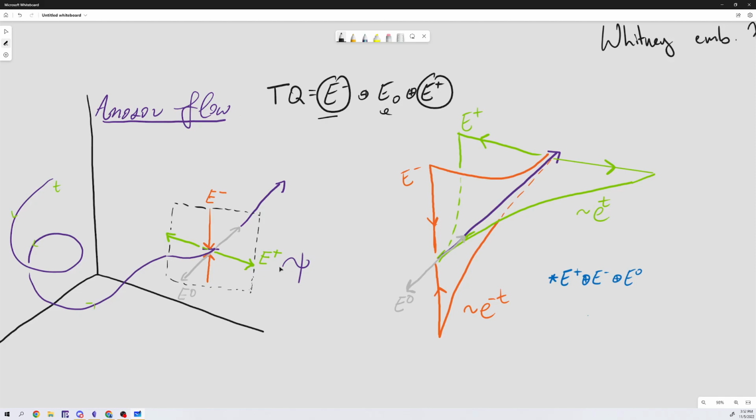A 3-manifold's tangent bundle is going to be 6-dimensional. The 3-manifold itself we can embed. We are guaranteed to be able to embed it in R to the 2 times 3 plus 1, so R7. I'm not going to worry about embedding the tangent bundle. Hope that answers your question.